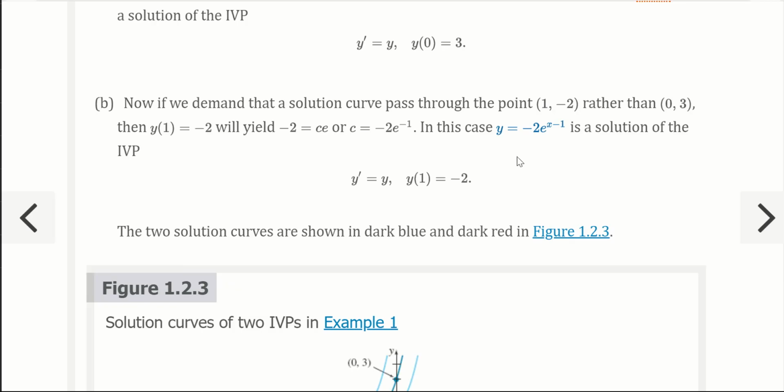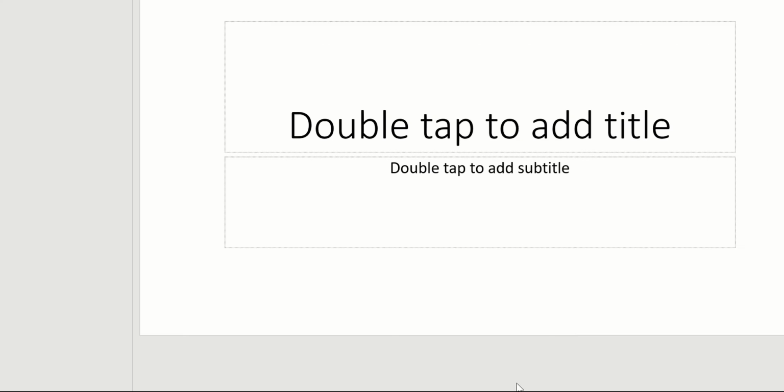This differential equation, by the way, I didn't write it out, but this would be dy dx equals y, was the differential equation, and now they're asking for y of 1 to be equal to negative 2. Let me just quickly check that. Yep, y of 1 to be negative 2. Let's go ahead and solve that.